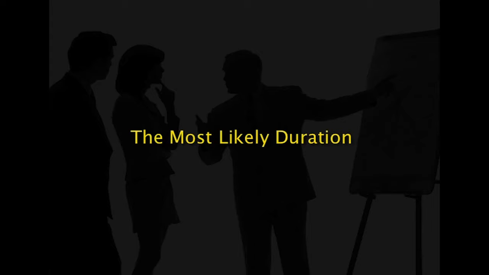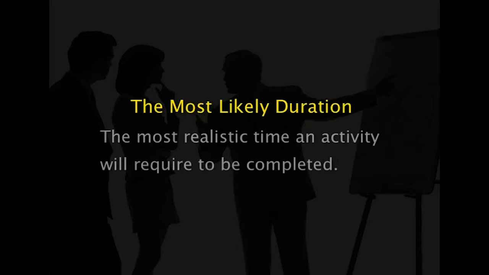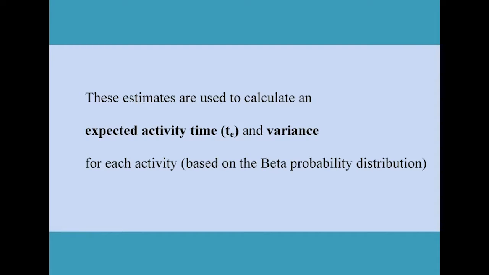And the third is the most likely duration, the most realistic time an activity will require to be completed. That is the time an activity will take under normal condition. These estimates are used to calculate an expected activity time represented as T_E and variance for each activity based on the beta probability distribution.